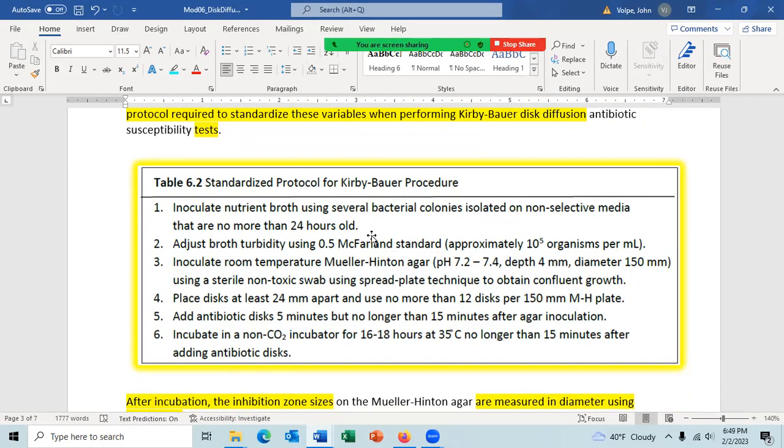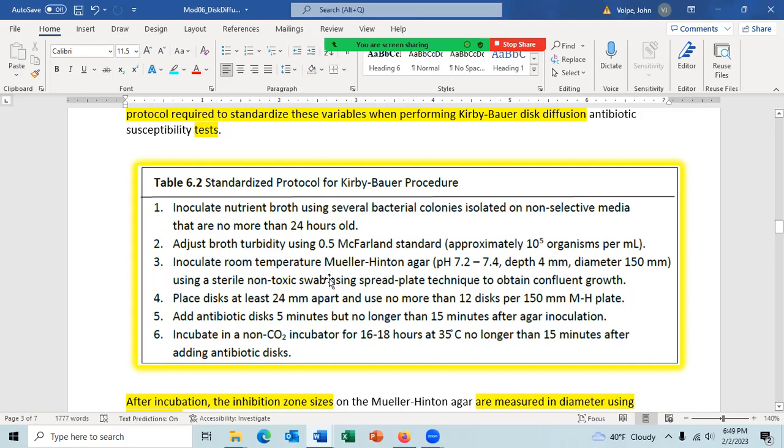We then grow the bacteria in the broth for no more than 24 hours, so it's fresh growth. We then adjust the broth turbidity to 0.5 McFarland units. This will give you approximately 10 to the 5th microbes per mL. If you use a different concentration, you'll get different results. I'm just going to mention that.